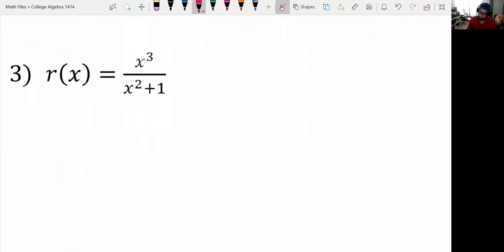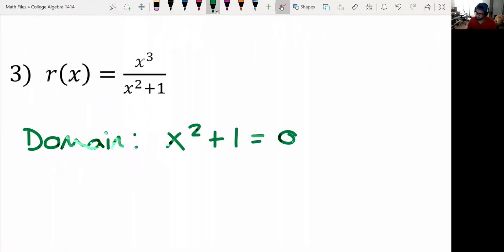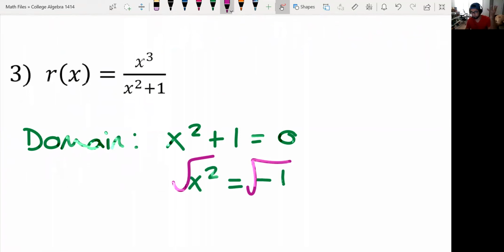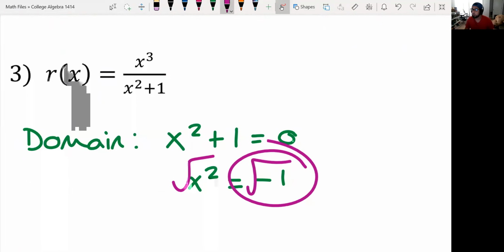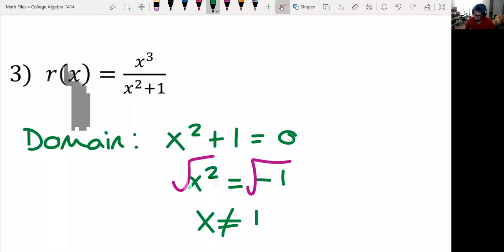Okay, number 3, same thing. Domain. Take the denominator, set it equal to 0. Square root both sides, but what happens? The square root of -1 is going to give us imaginary values. You'll get x cannot equal ±i. But how do we state that for our domain?